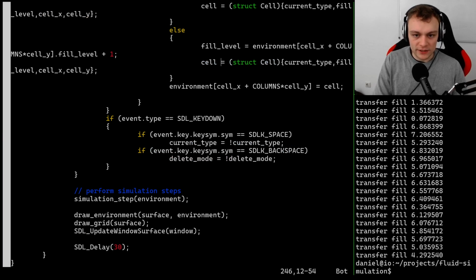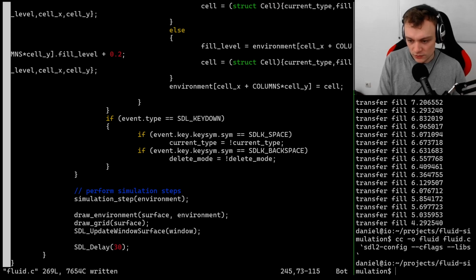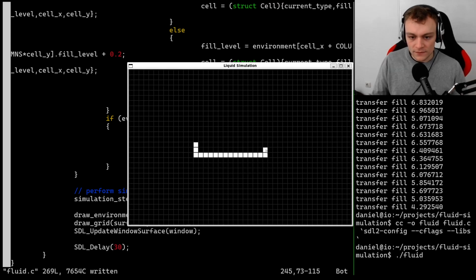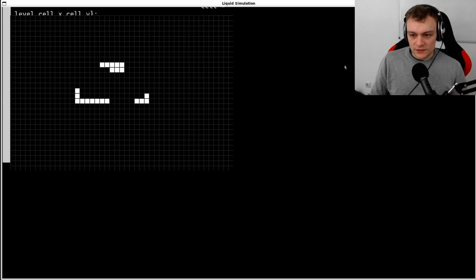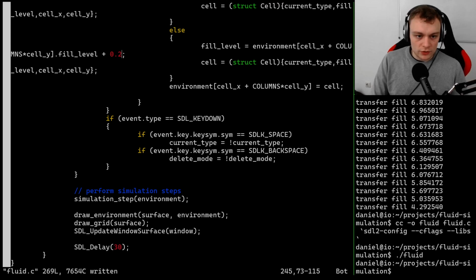So if I press with the mouse button into a cell that is already filled, or actually into any cell, let's just increase the fill level by 0.2. Okay, now we get no drawing of water. Why?